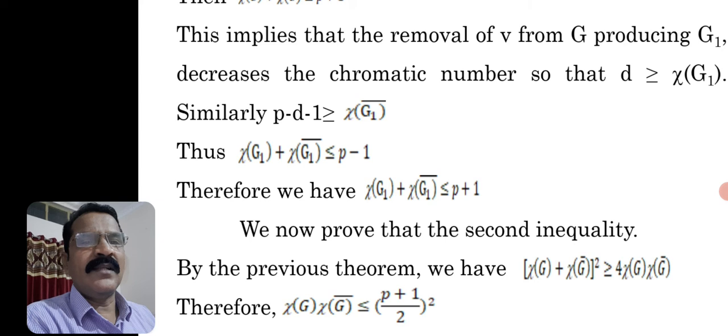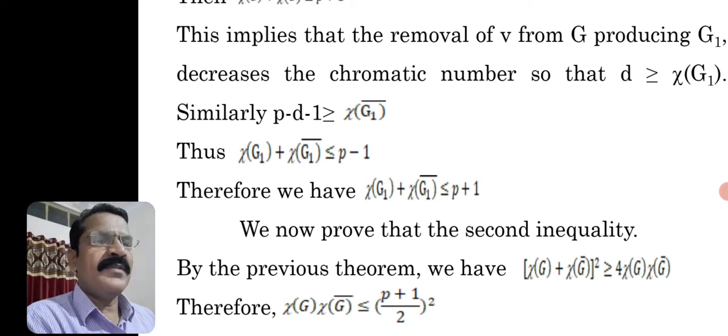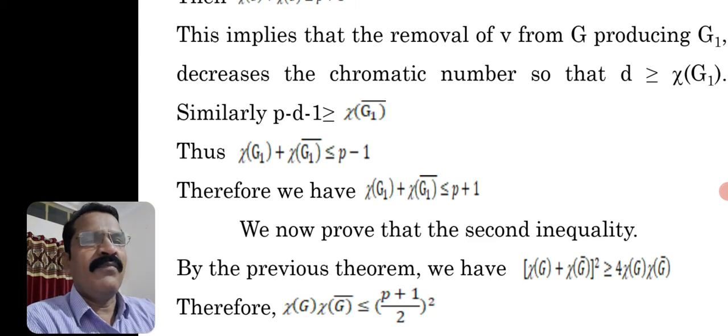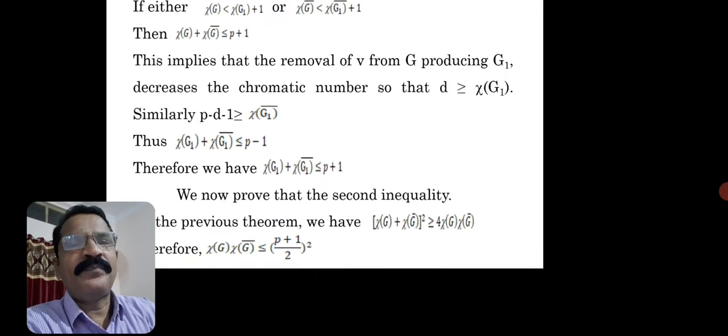That was the result we already proved. Therefore, if I rearrange the terms, the chromatic number of G into the chromatic number of G bar is always less than or equal to P plus 1 by 2, whole square, isn't it? It's very obvious. So what can we say?